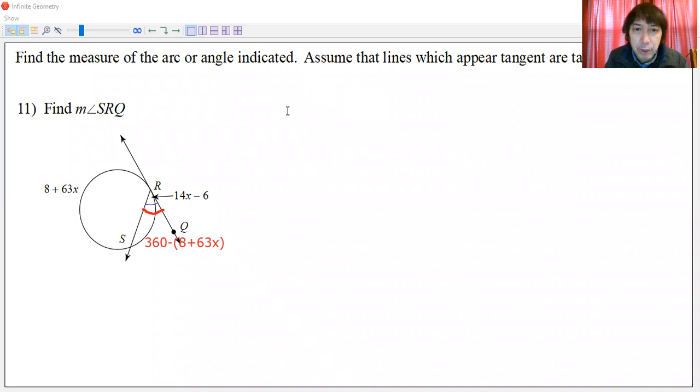We shall start with the arc, 360 minus 8 plus 63x. We shall divide this by 2, and this relates to the angle SRQ, which is 14x minus 6.